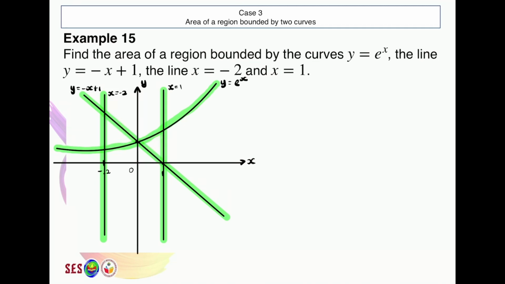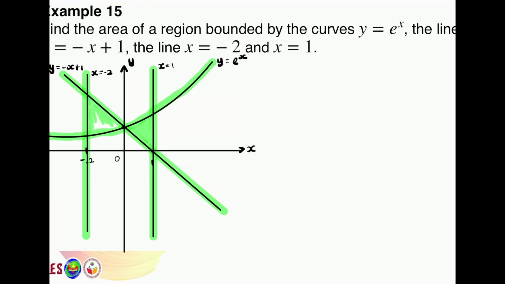It means that is the region that we want to find the area of. Now we're going to shade those regions. Because there are two regions, to make it easier when calculating the areas, I'm going to label the first region A1 and the second region A2.